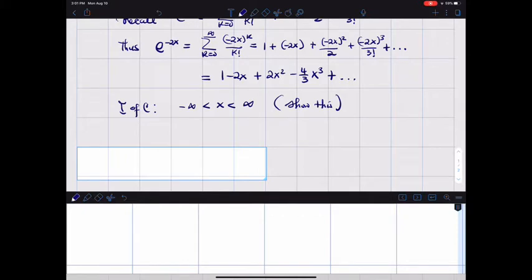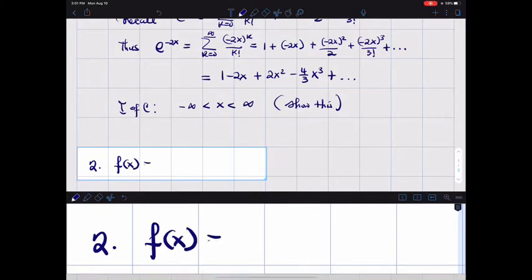Let's do another example. Let's still work with the exponential function. This is e to the negative x squared in this case.